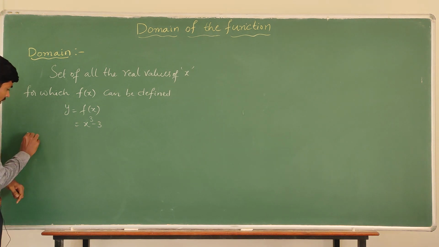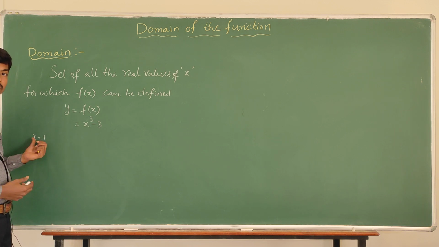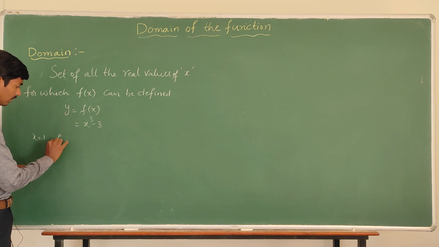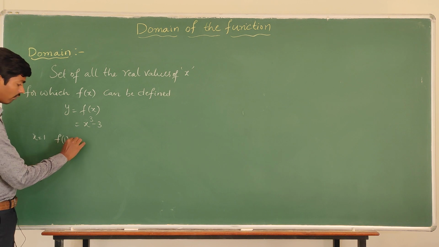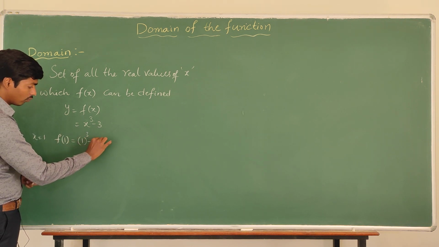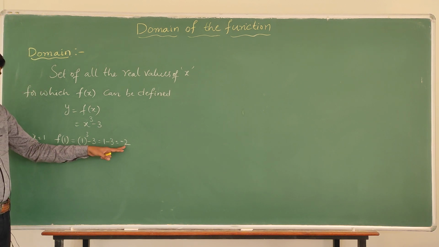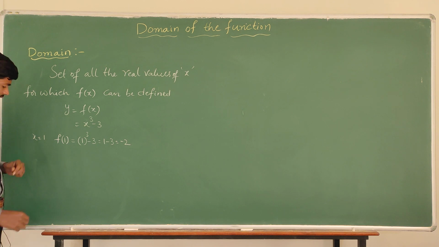Suppose I substitute x value 1. Now I will find the value of the function at x equal to 1. f of 1 is 1 cube minus 3. 1 cube means 1, minus 3, that is minus 2. So the value of the function is minus 2 at x equal to 1.